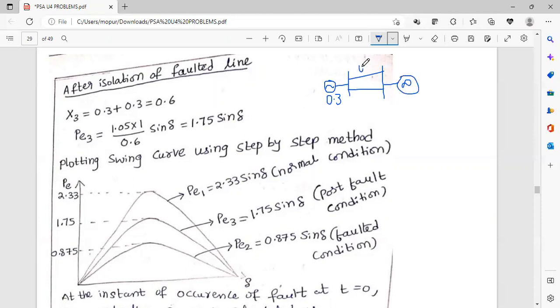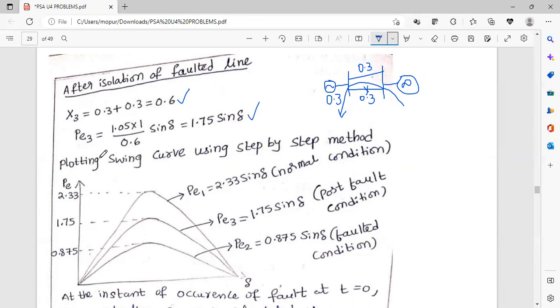Now this is 0.3, this is 0.3. Now the fault occurred here at this point in the middle. So for finding the after fault condition, you just remove this value and take only these two. So 0.3 plus 0.3, 0.6, you got the after fault condition also.